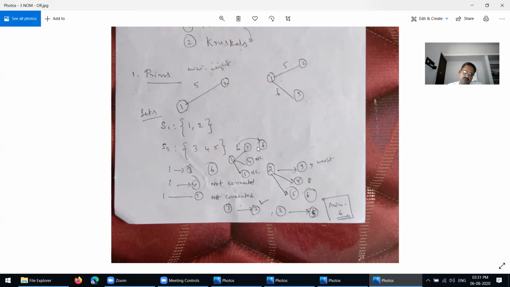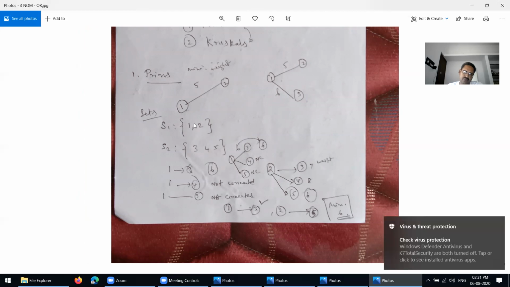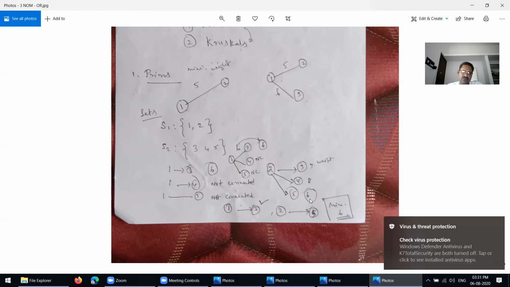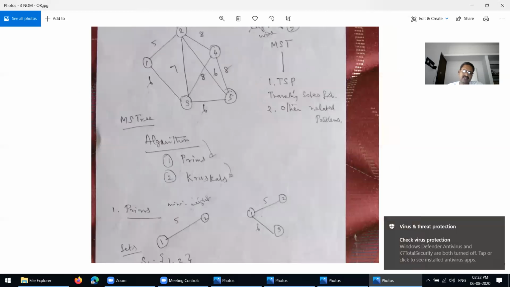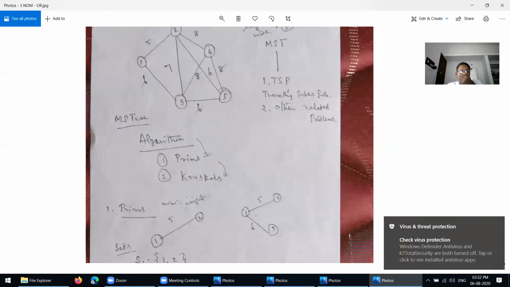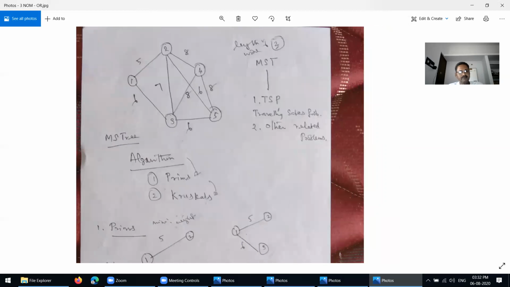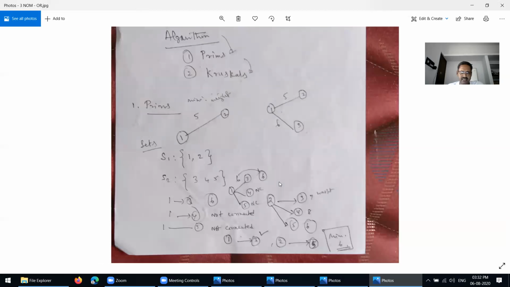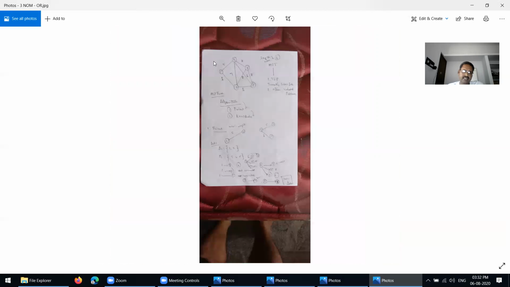So we have two possibilities: 1 to 3 is 6, and 2 to 5 is also 6. Now we take it this way: 1 to 3 is the minimum value. So now you write this here, and after this you take the next steps.